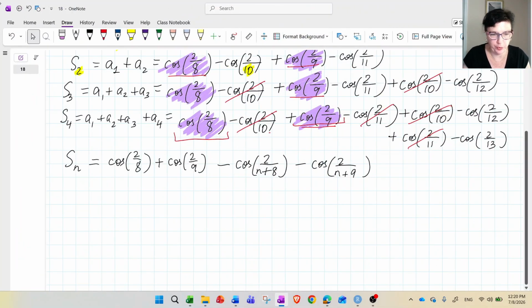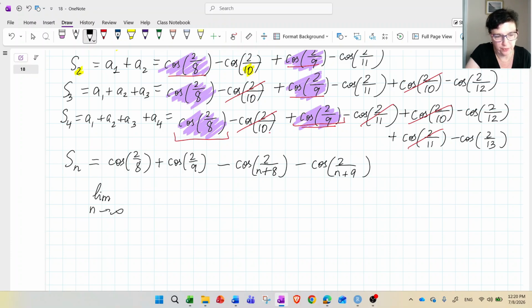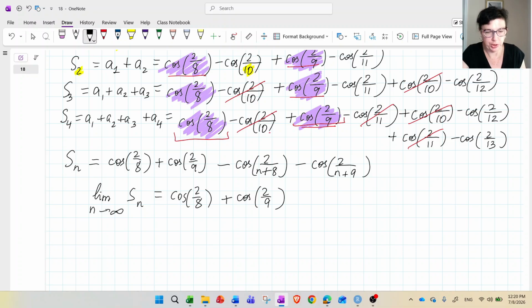So let's see if we can find the limit of what we just got. The limit as n approaches infinity of Sn, that's the sum of the series. Now, cosine 2 over 8 and cosine 2 over 9 do not change, because that just does not depend on n. But what happens in here?